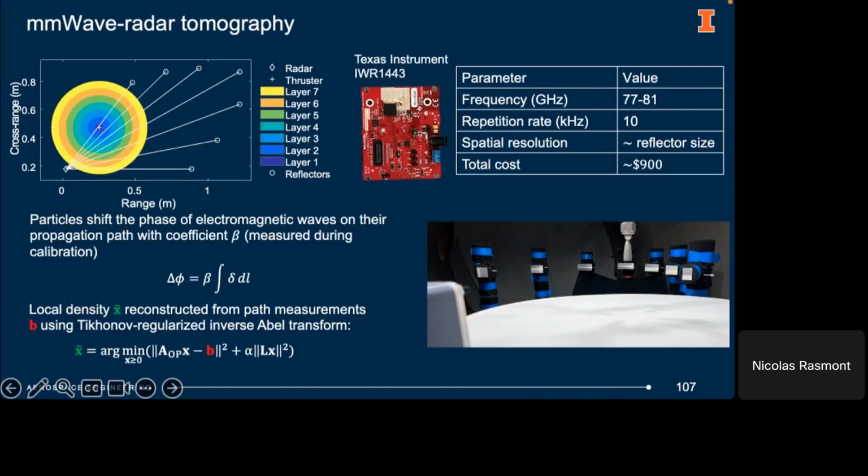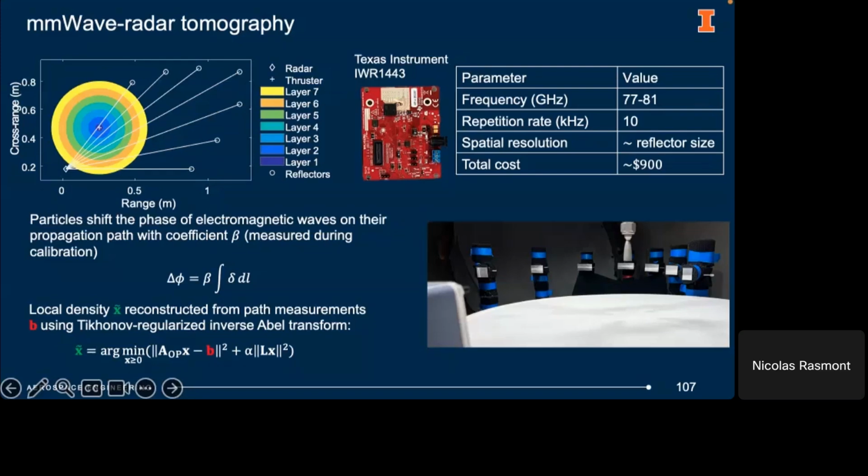The first technique that we use, some of you may have seen before, is millimeter wave radar tomography. The idea here is that when particles are present on the propagation path of millimeter waves, when they travel between an emitter and a receiver, the presence of particles is going to change the dielectric permittivity of the propagation medium, and this will cause a shift in phase of the electromagnetic wave.